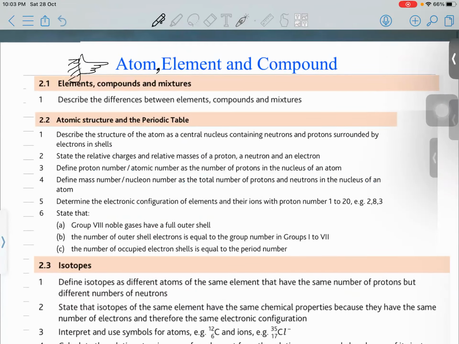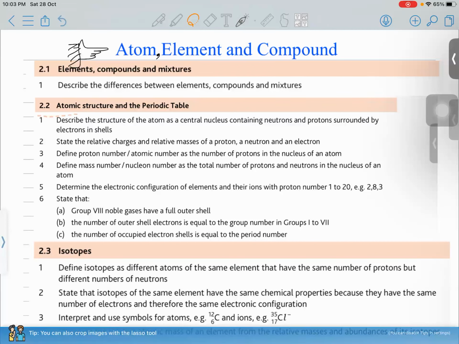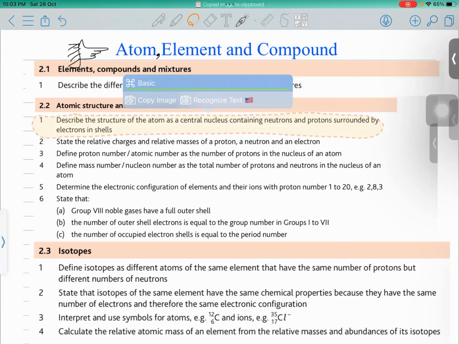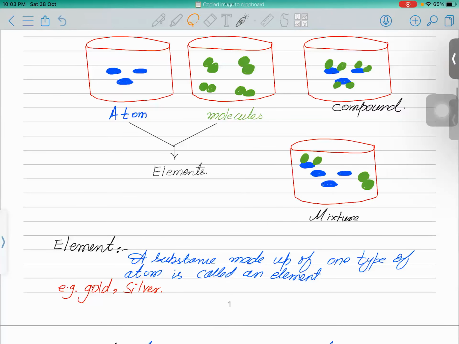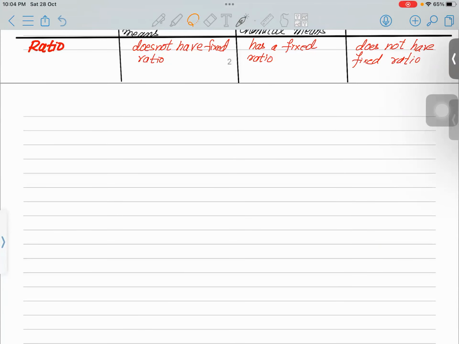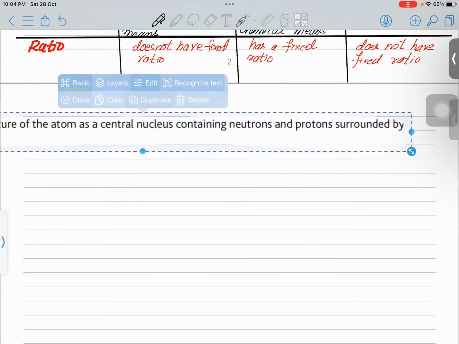Now, next is atom structure in the periodic table. Describe the structure of atom as a central nucleus containing neutron and proton surrounded by electron shells.